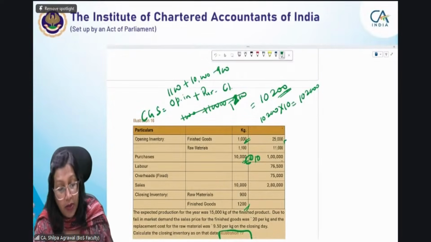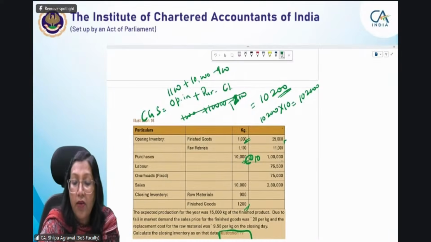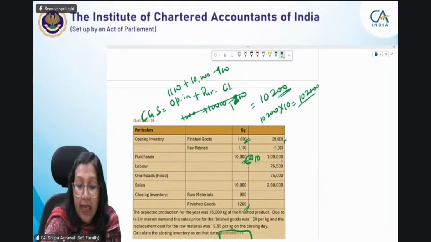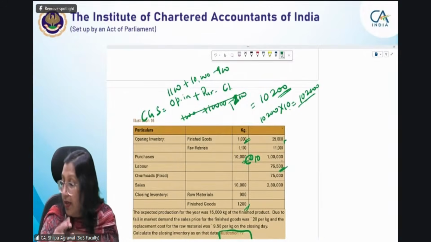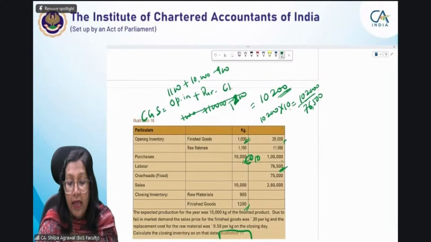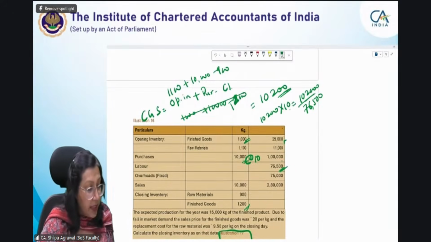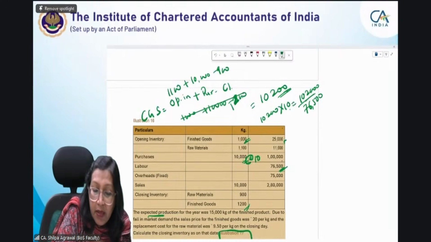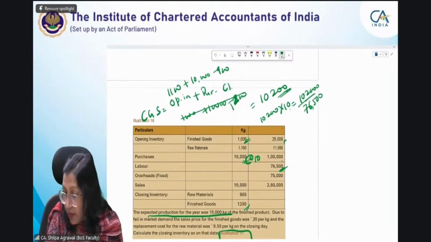So the cost of this 10,200 into 10 comes to 1,02,000, plus direct labor of 76,500. This is variable cost, it will be taken in entirety. Then comes your fixed production overhead. As mentioned, your expected production is 15,000. That is your normal capacity.